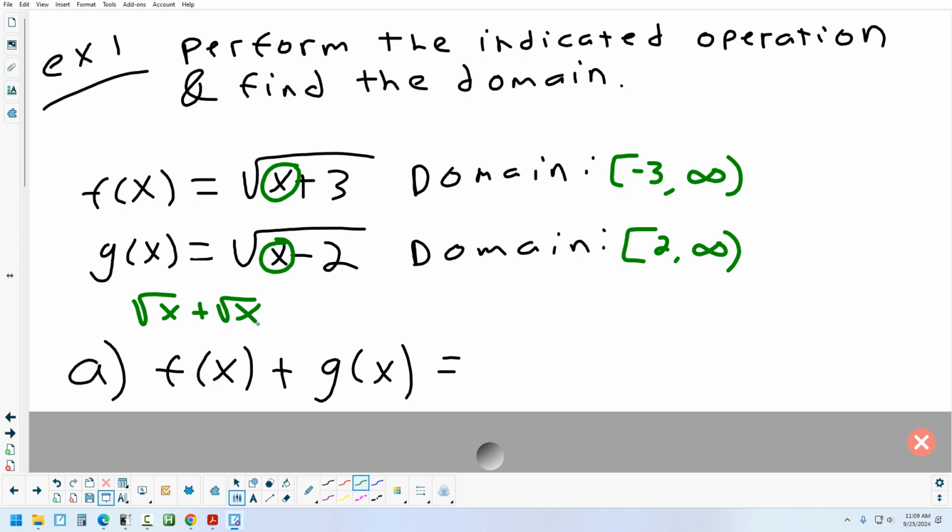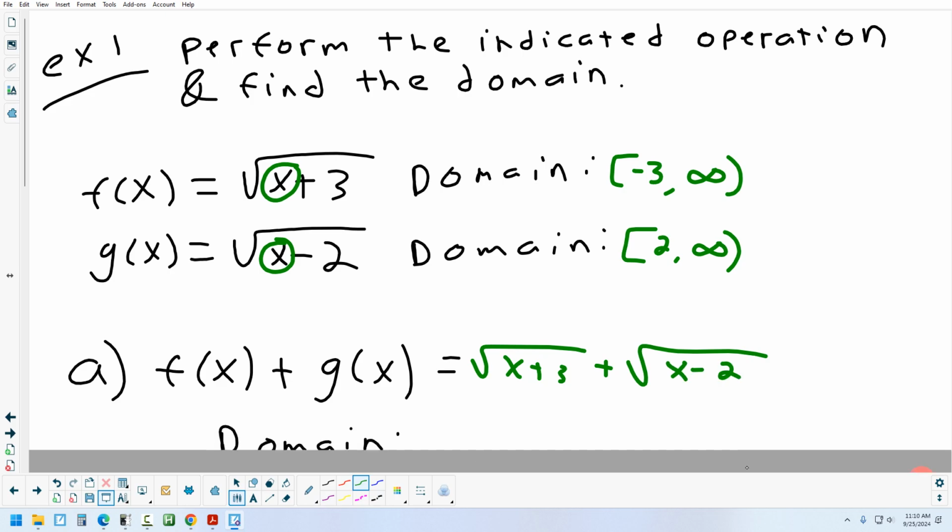But this is an x plus 3, that's an x minus 2, so they can't be combined together. So what would I write down when I add f of x and g of x if they're not like terms? The square root of x plus 3 plus the square root of x minus 2. Yep, that's all you can do.